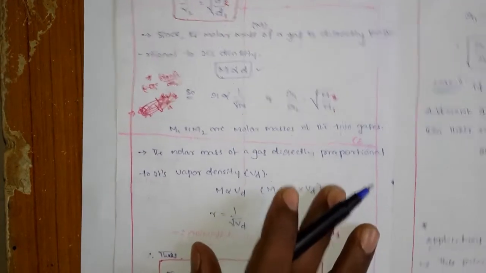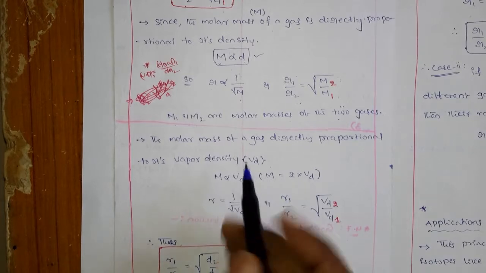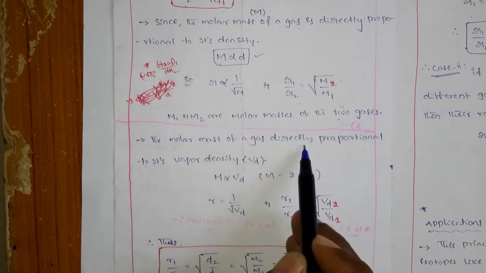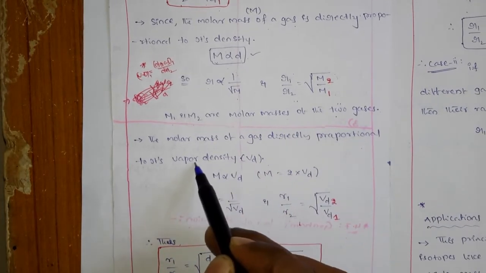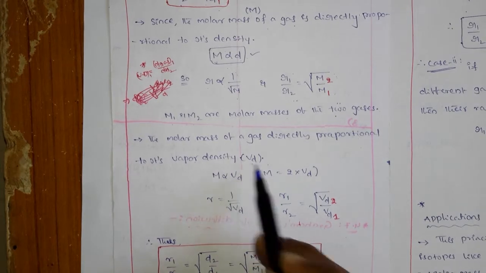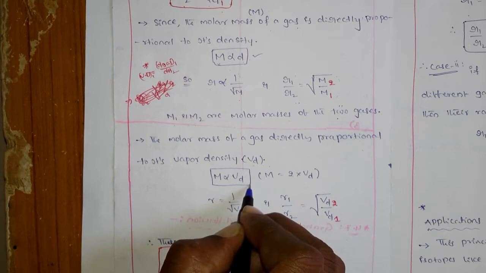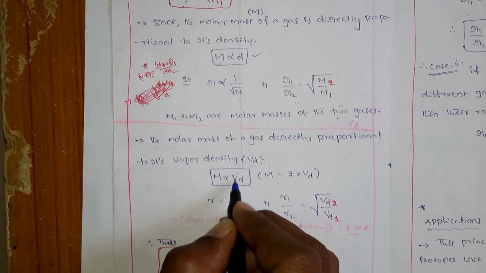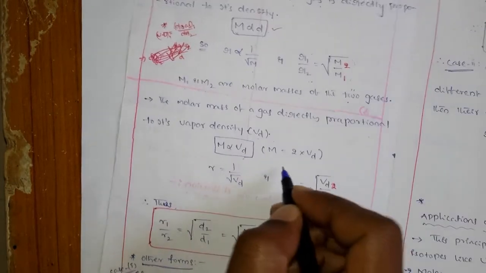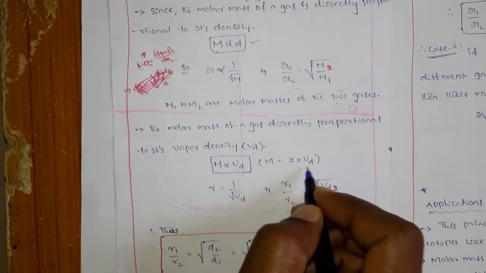Okay, next there is one more relation: the molar mass of a gas is directly proportional to its vapor density. Vapor density is Vd. Generally M is equal to 2 into Vd, but don't worry about the 2.